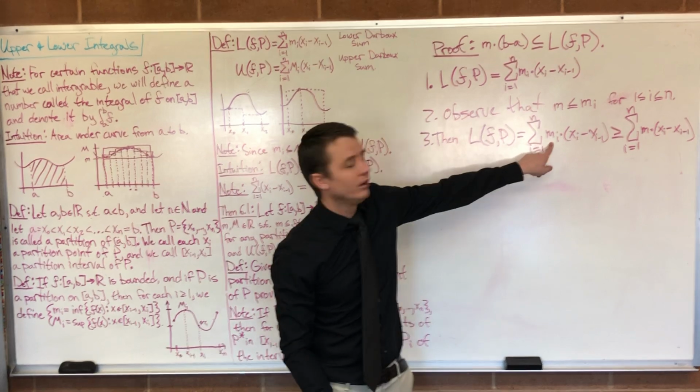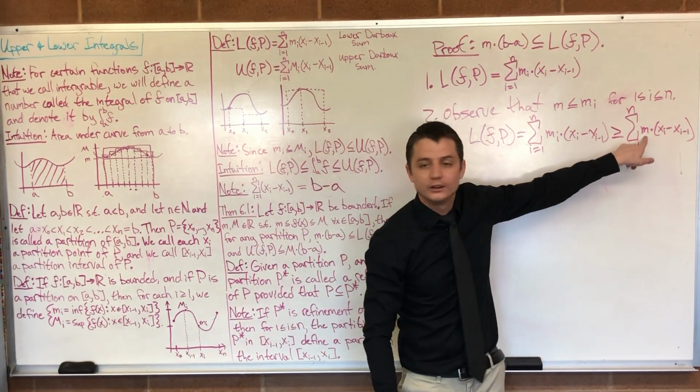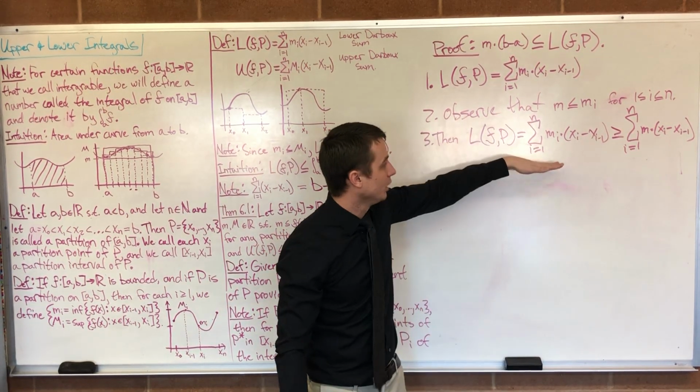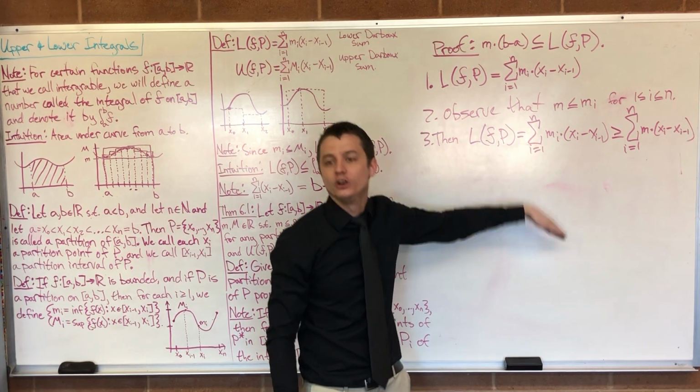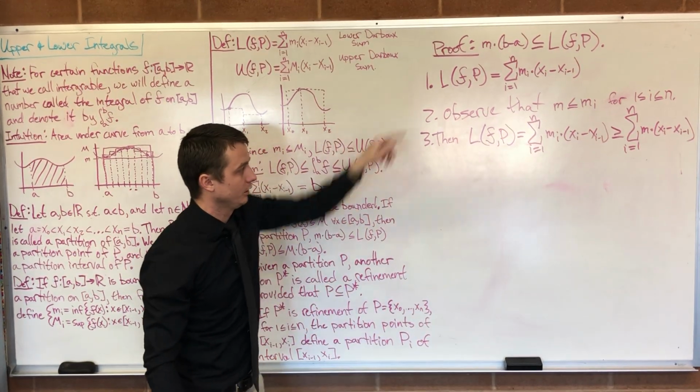Right? If I take all my little m sub i's and I replace them with just little m's, then all I could have done was made the function smaller. I couldn't have made it bigger, based off of what we set up here.